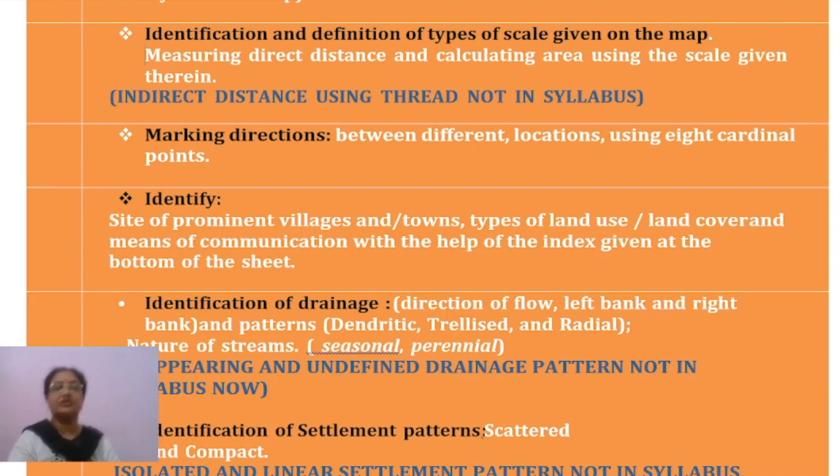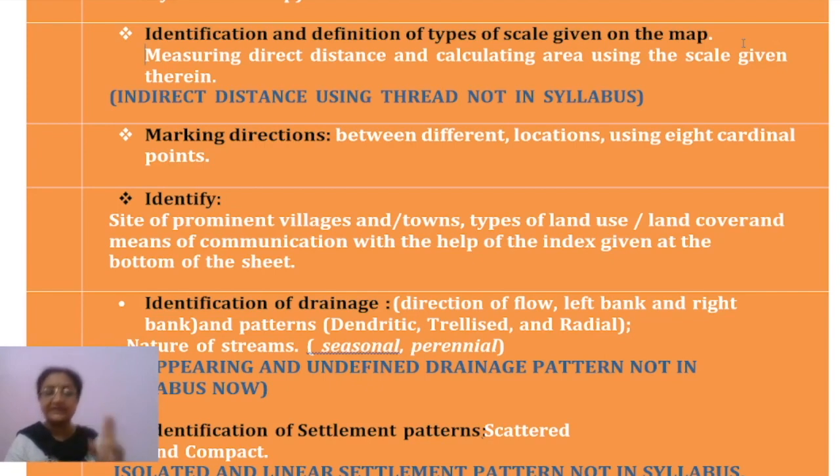Clear? Besides that, one more very important thing you should mark is measuring the direct distance. Only the direct measurement is there. Direct distance has to be measured. No indirect distance has to be measured this time.